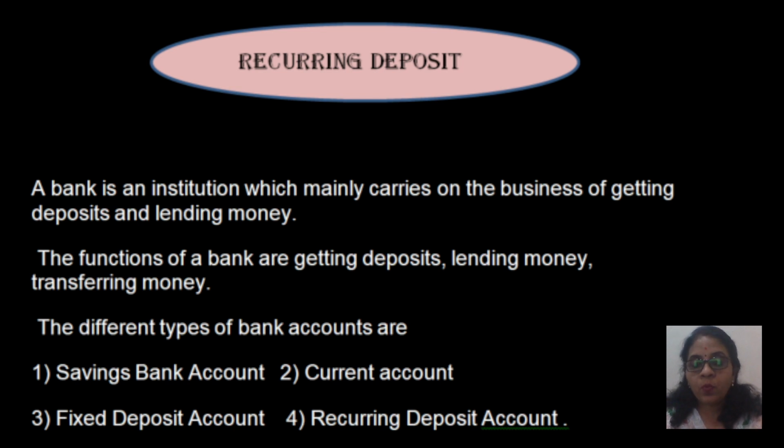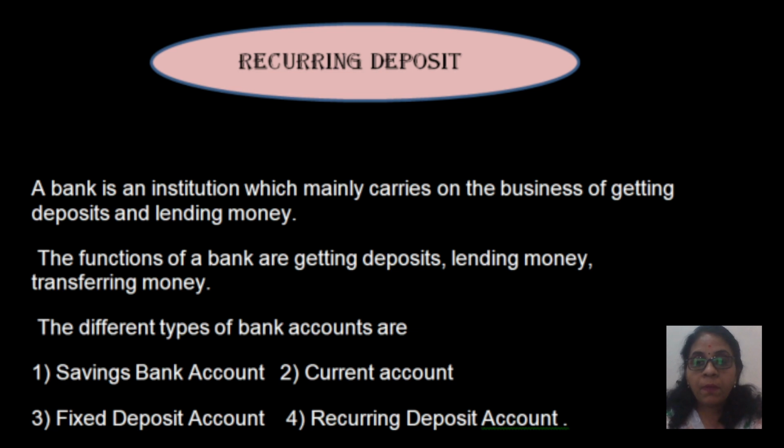Getting deposits is where the customer saves his money in the form of accounts, and lending money is where the bank lends money to its customers in the form of loans, be it a home loan, education loan, or personal loan.